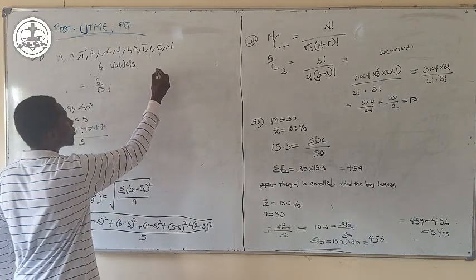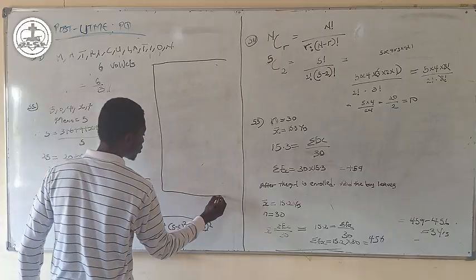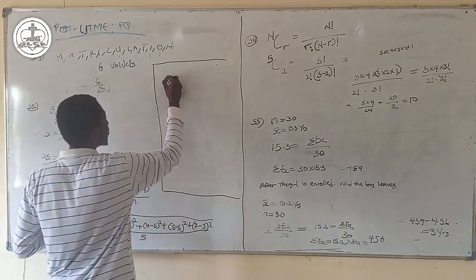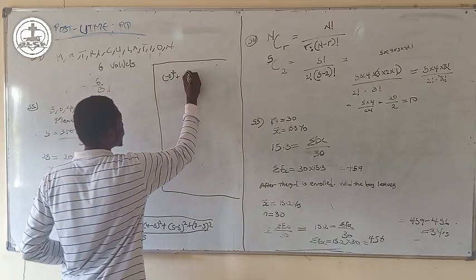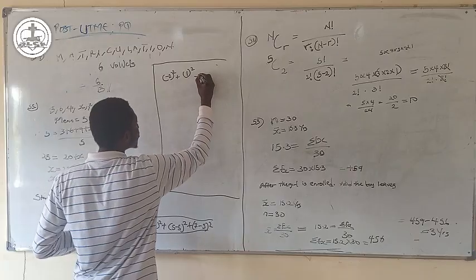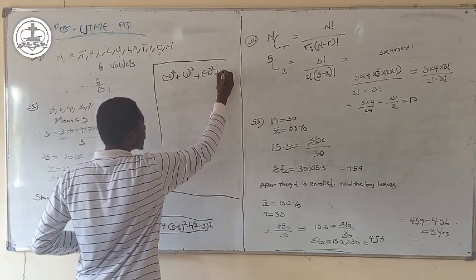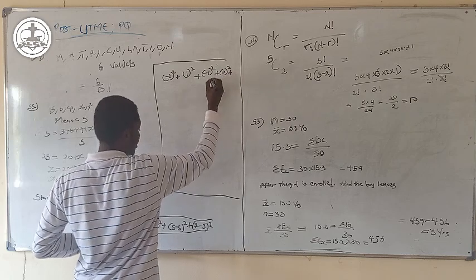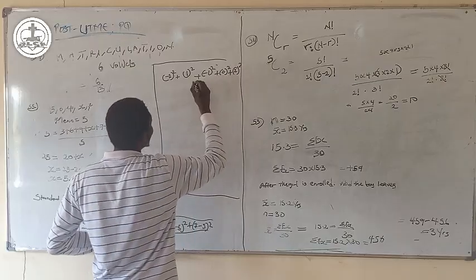Let me continue from here. 3 minus 5 is minus 2, all squared, plus 6 minus 5, 1, all squared, plus 4 minus 5, minus 1, all squared, plus 5 minus 5, 0, all squared, plus 7 minus 5, 2, all squared.